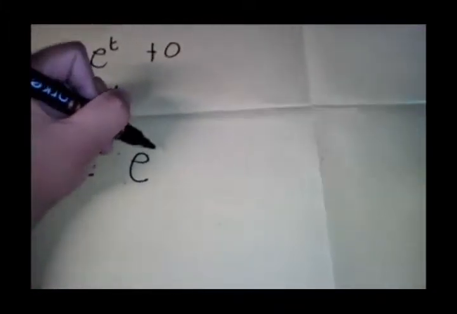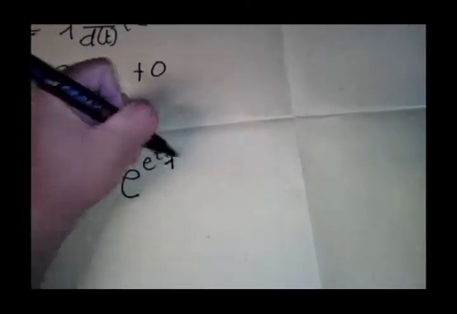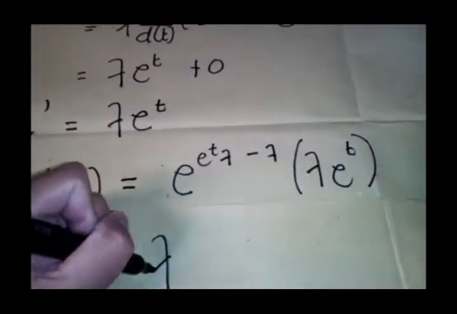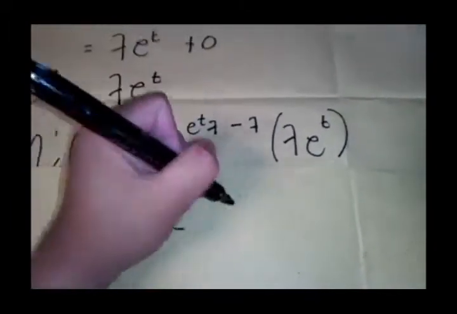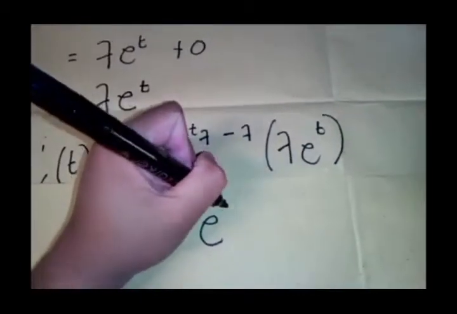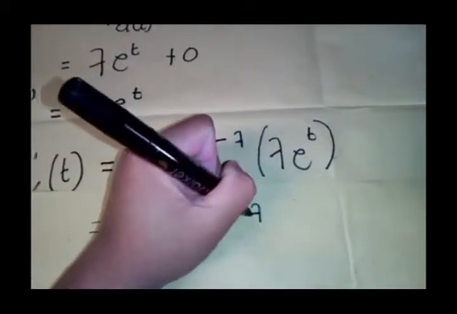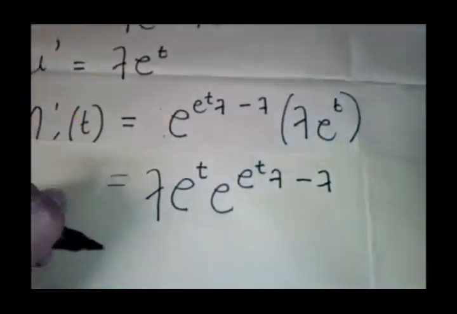Thus, our first derivative of the moment generating function is equal to e to the power of e^t times lambda minus lambda, times lambda e^t, which is also equal to lambda times e^t times e raised to the power of e^t times lambda minus lambda.